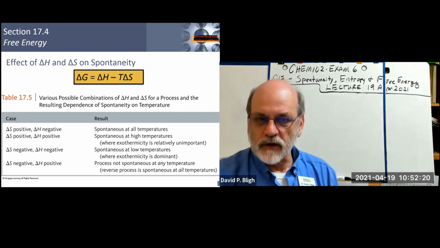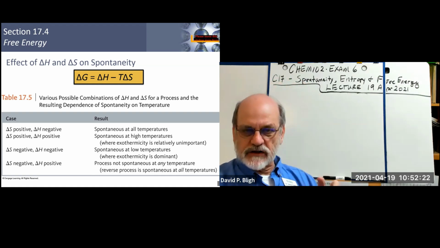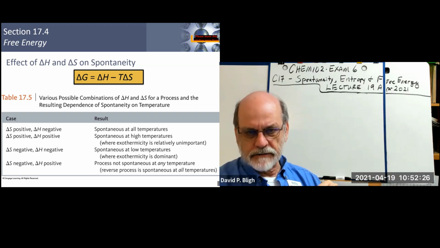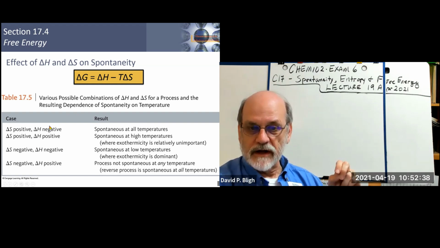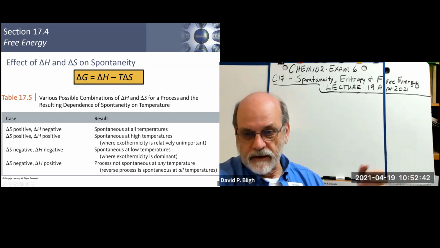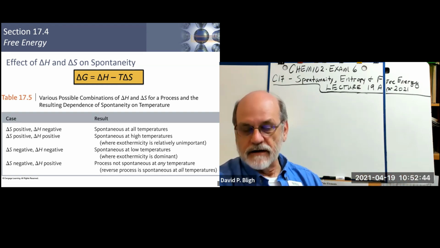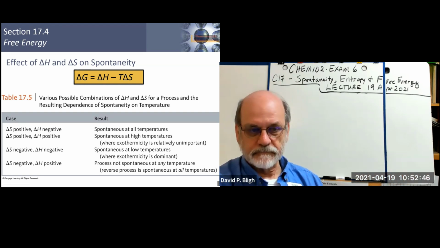Okay, so let's look at these conditions. And this table is taken straight out of your book, 17.5. We're going to use the Gibbs free energy equation to determine if a reaction under these different case conditions is spontaneous, non-spontaneous, or we need some more information.